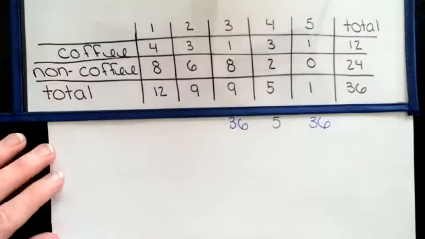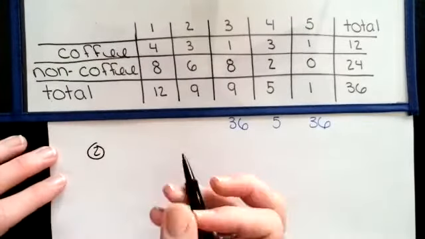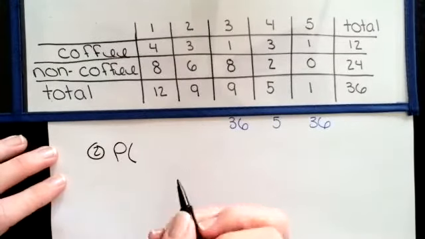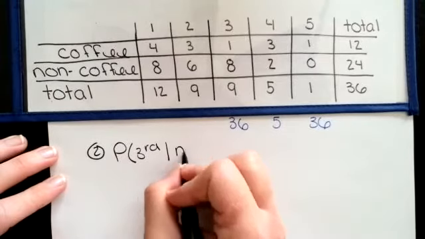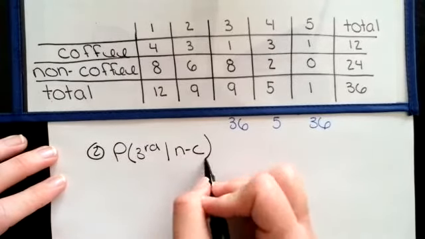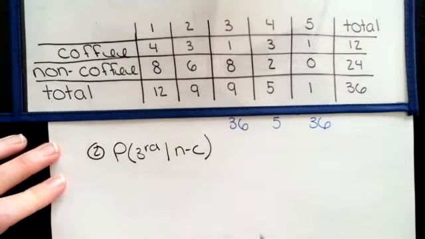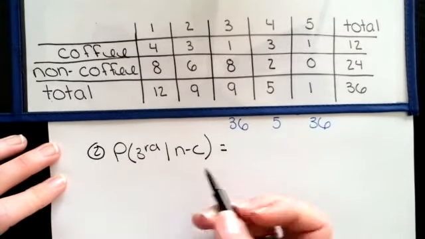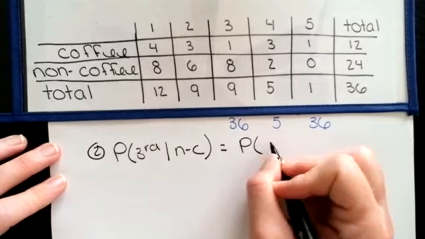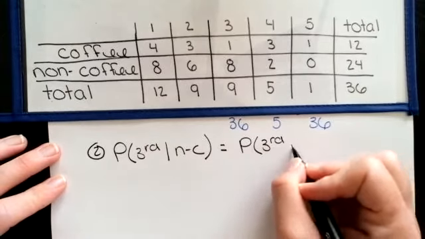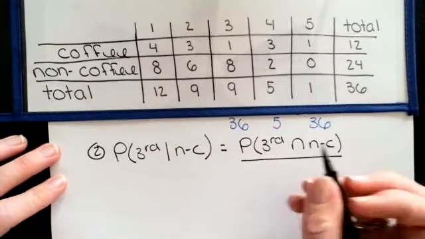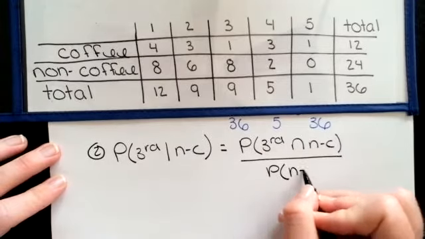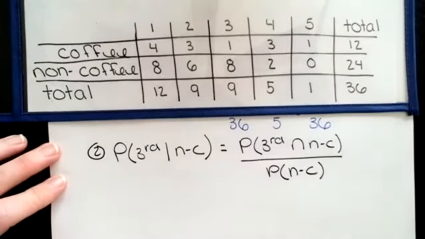Let's take a look at another one. Here I want to know the probability of choosing a third-year student given that they're a non-coffee drinker. So I want to use my formula. So here my formula says I'm going to look at the probability of a third-year student and non-coffee divided by the probability of them being non-coffee.